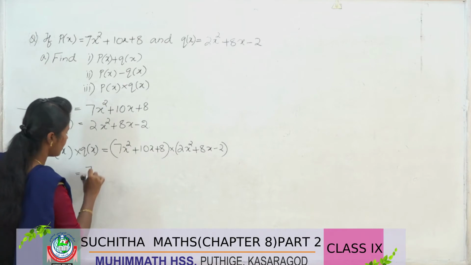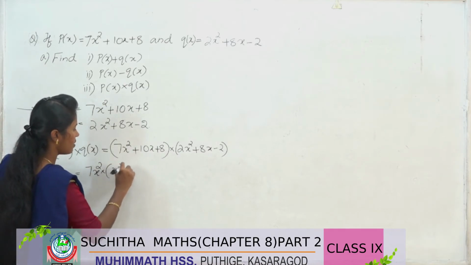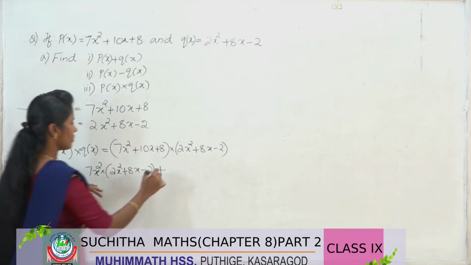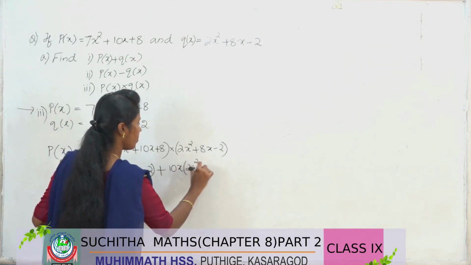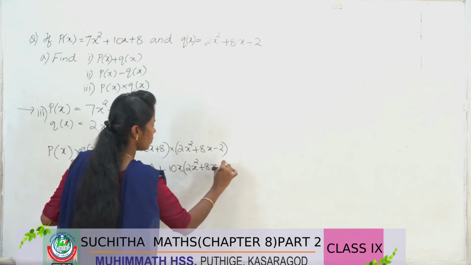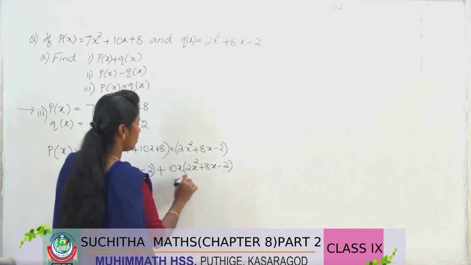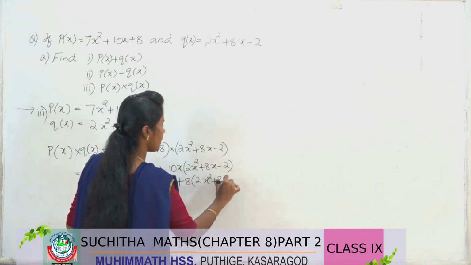That is equal to 7x square into 2x square plus 8x minus 2, plus 10x into 2x square plus 8x minus 2, plus 8 into 2x square plus 8x minus 2.